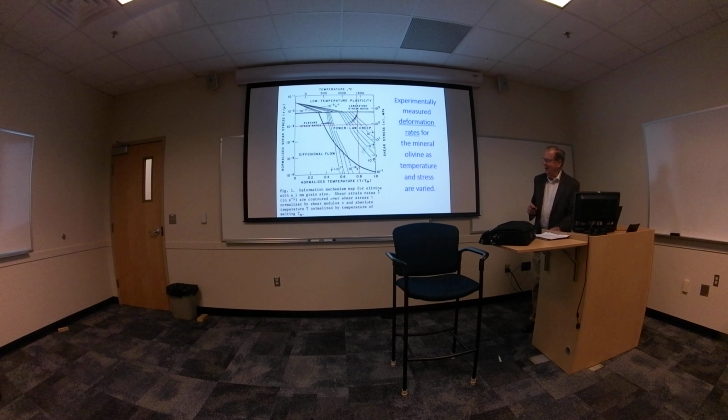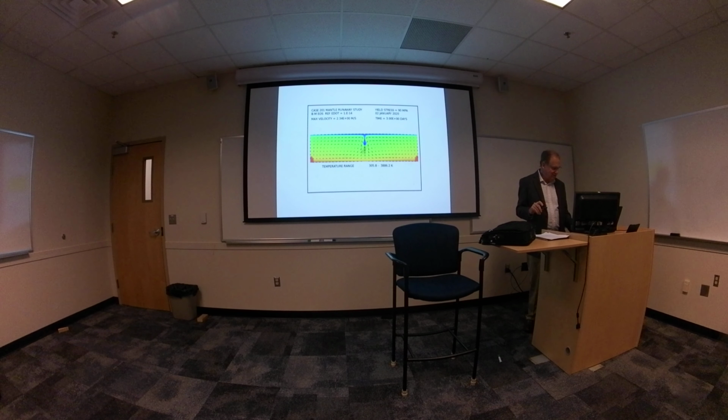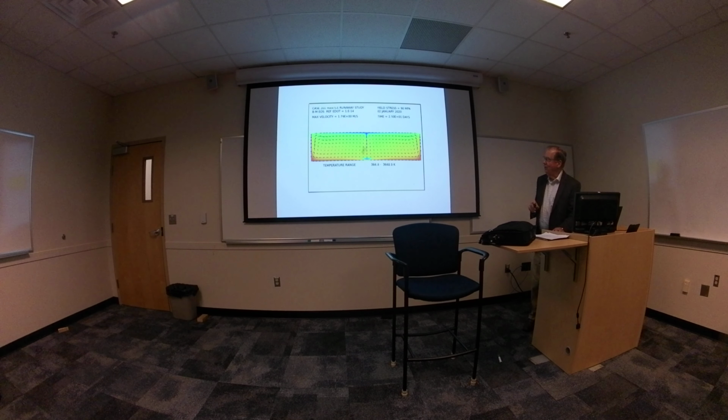So one thing I did was to represent this stress, strain rate curve, in a few simple mathematical equations, put it into a finite element code, and what I find is that for this simple initial condition, a cold upper boundary, a hot lower boundary, you get a sinking blob, and that can run away.